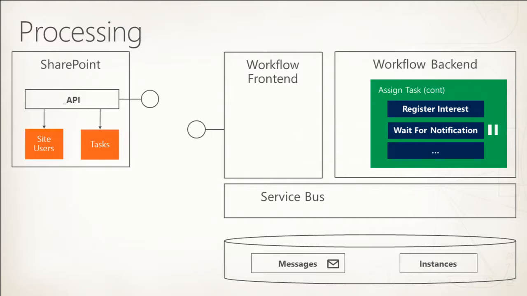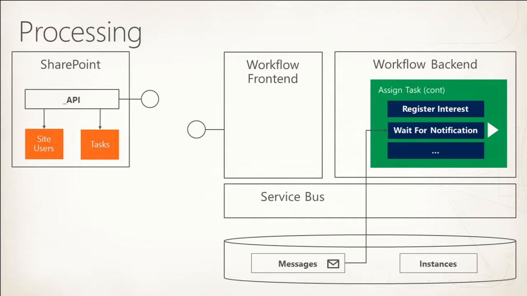And now this is where the loosely coupled processing in Workflow Manager kicks in, where the service bus goes ahead and looks at its rules and figures out which workflow instance it needs to activate based on the notification subscriptions that had been created.